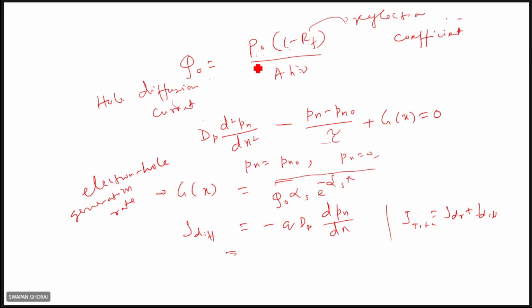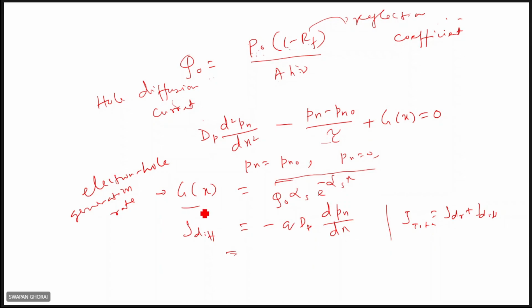If you consider the rate, you have to consider differentiation, so the alpha factor will be there. That is phi 0 alpha e to the power minus alpha x.